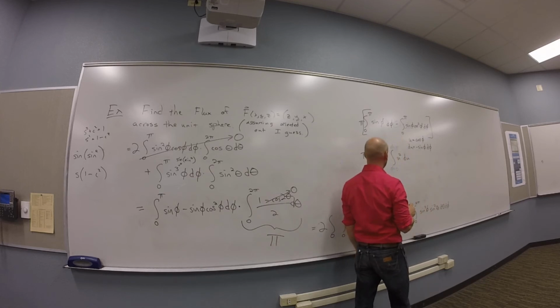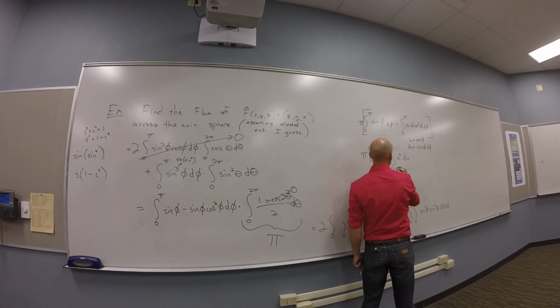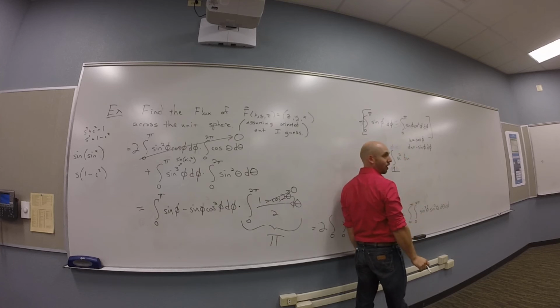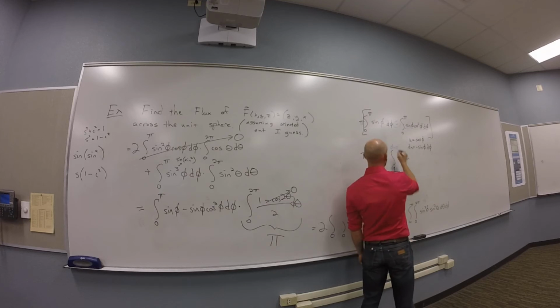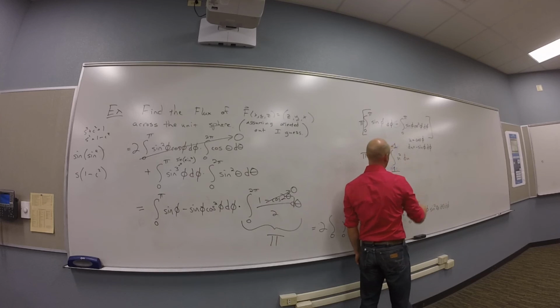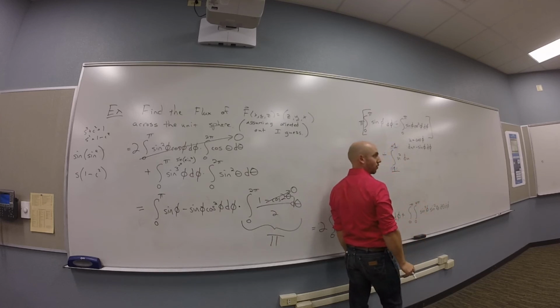Okay, and let me dump these thetas. When theta is 0, what's u? Cosine of 0, which is 1. And when theta is pi, cosine of pi is -1. Okay, cool.